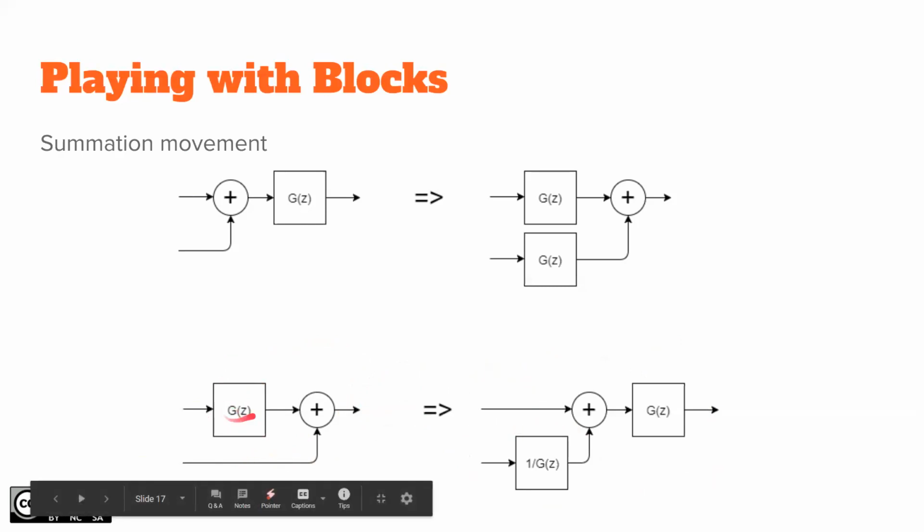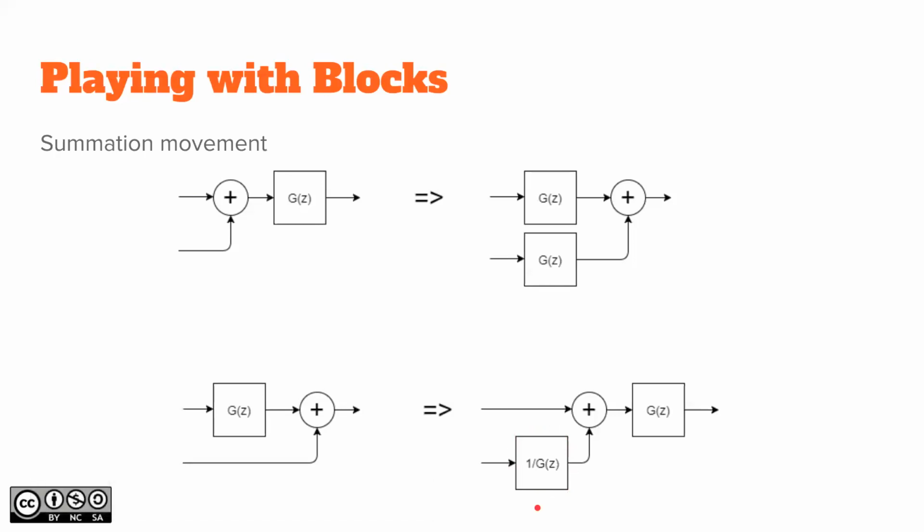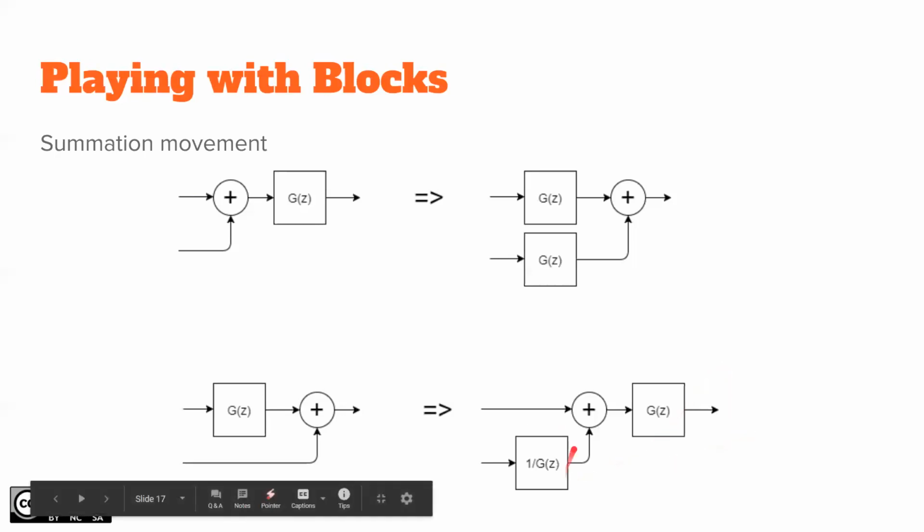When you move that GC term, what remains is 1 over GC. So you have the inverse system here, which, okay, a warning about that one.